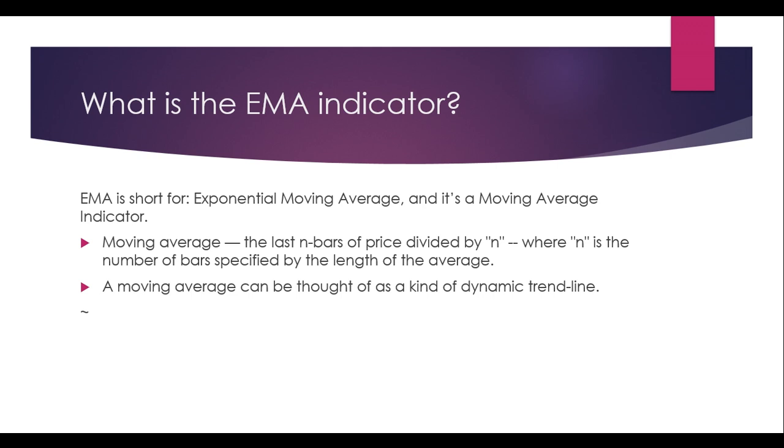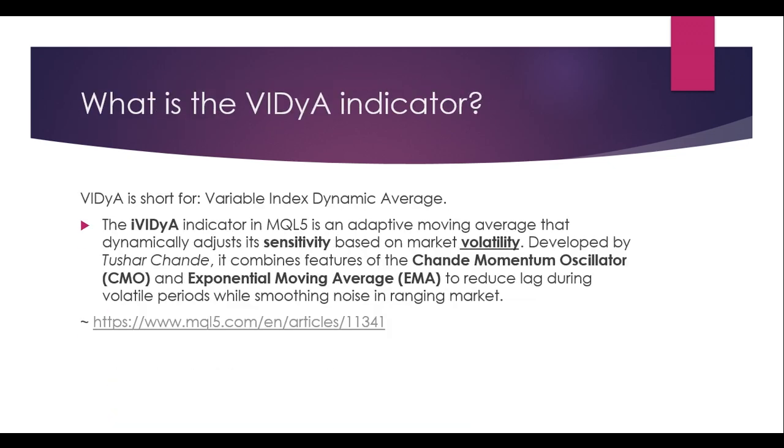So as I said, we have already looked at the EMA indicator, right? The EMA is your exponential moving average and is used most of the time as a kind of dynamic trend line. The VIDyA is short for variable index dynamic average.